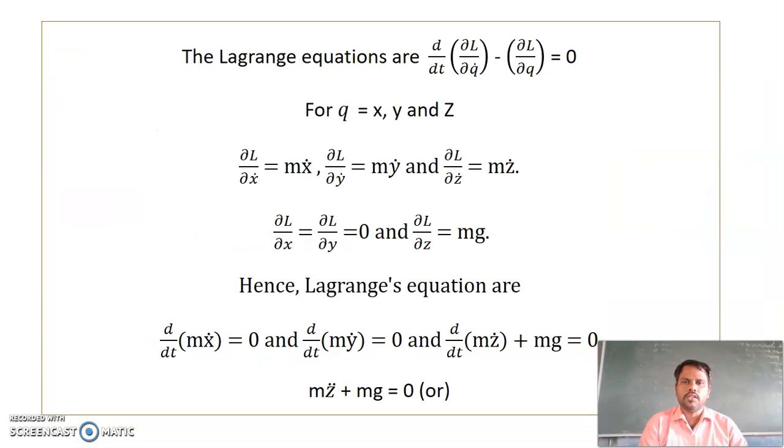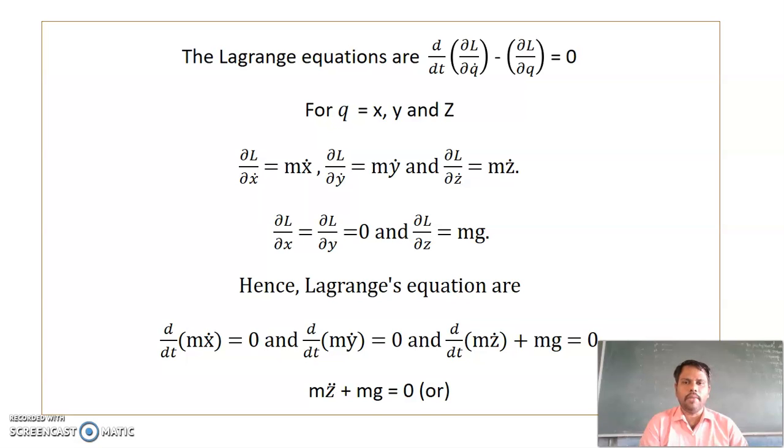Then, solving the Lagrangian equation, d by dt of dou L by dou q dot minus dou L by dou q is equal to 0. For q is equal to x, y and z, dou L by dou x dot will be m x dot, dou L by dou y dot will be equal to m y dot, and dou L by dou z dot is equal to m z dot.